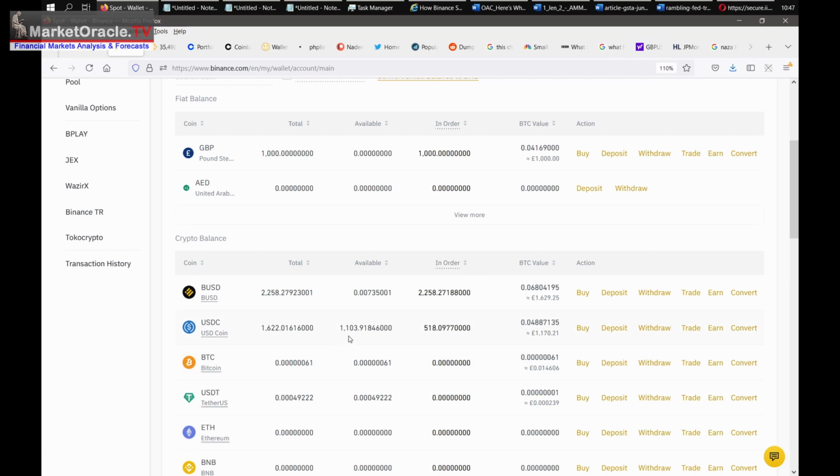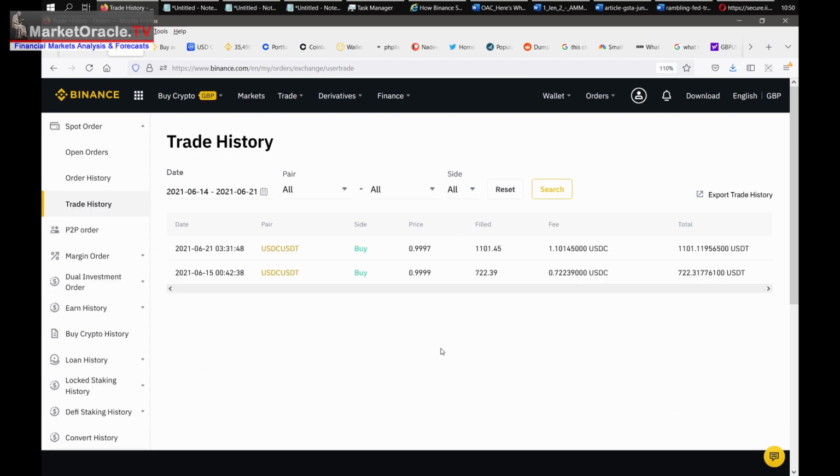USDC $1,103. Let's look at. Here we go. So I got 1101.45 of USDC for 1101.11 USDT. So small gain.